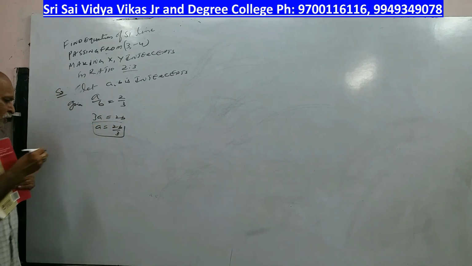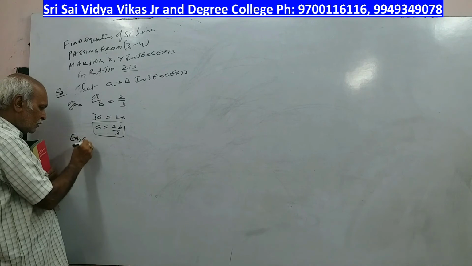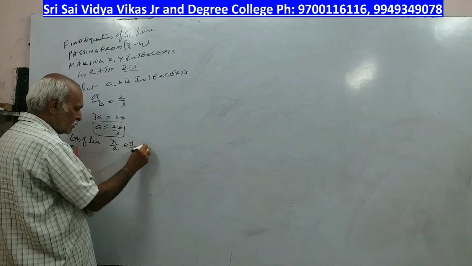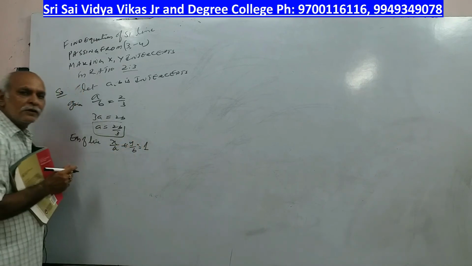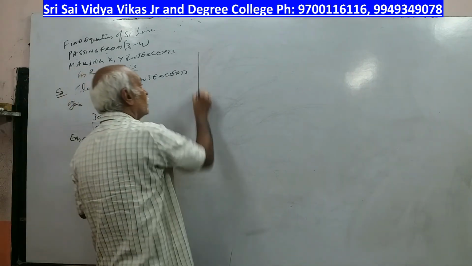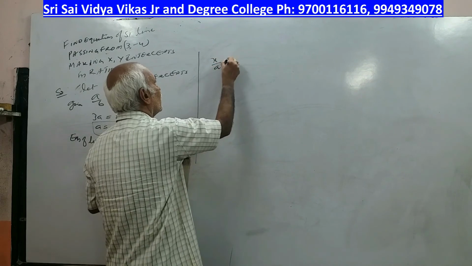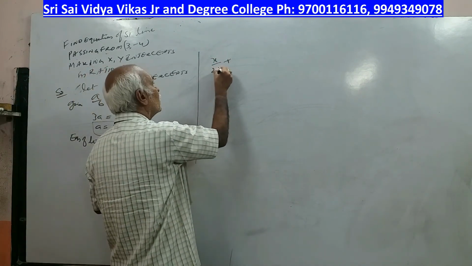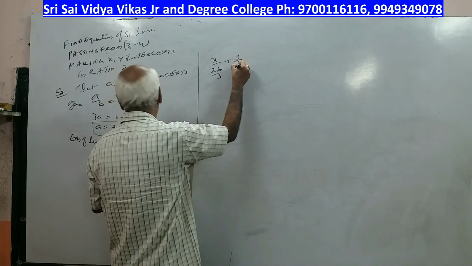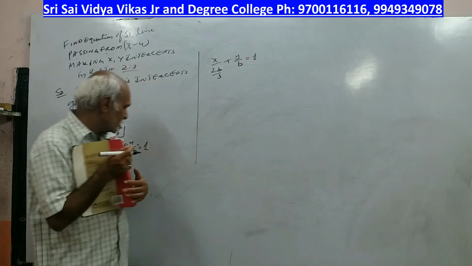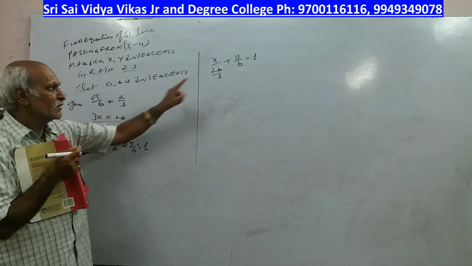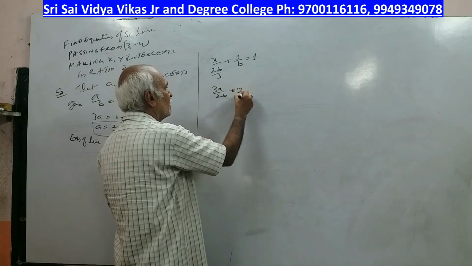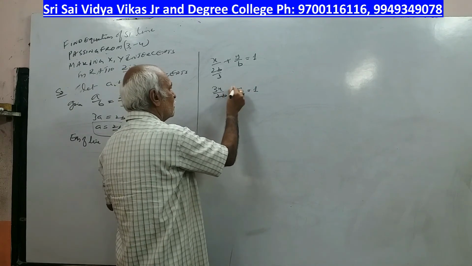You got this? Now equation of the line, x by a plus y by b is equal to 1. So what will happen? A is replaced by 2b by 3, y by b. Here look at the simplification, sir. A is replaced by 2b by 3. This 3 will go to the numerator.